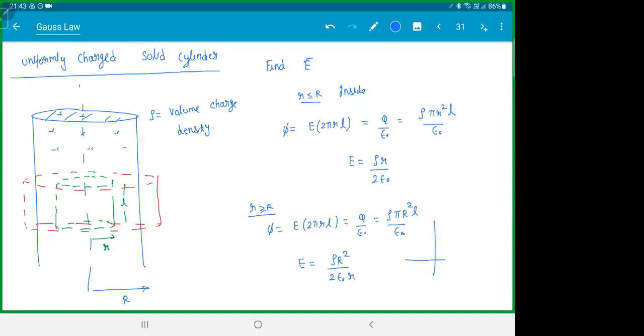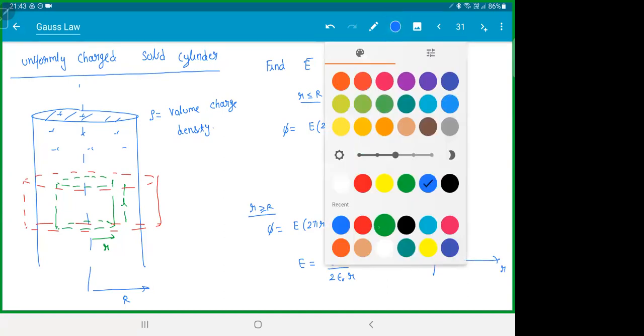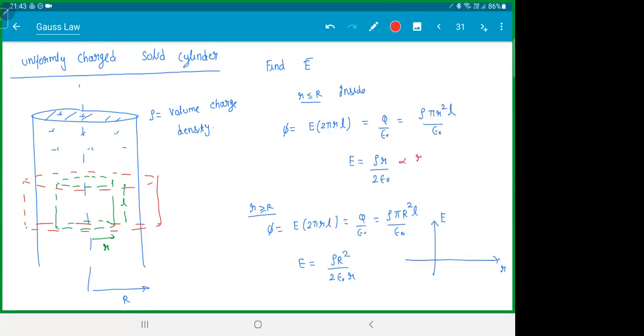So if you actually plot this on a graph, this graph looks like the solid sphere result. Did you observe? This is a linear function proportional to r, and then it decreases. It looks like the solid sphere result. So the field inside is proportional to r, field outside is proportional to 1 by r.